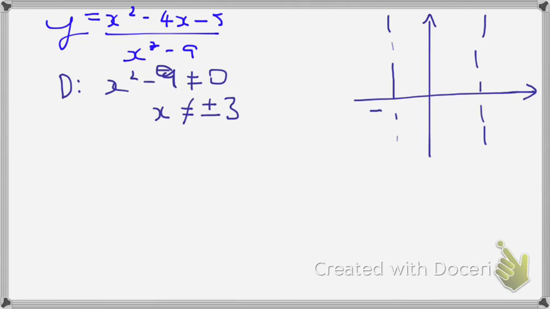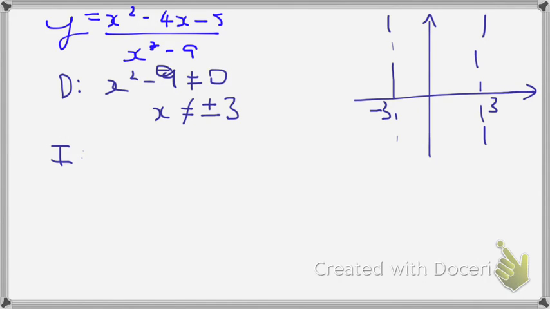Oh, isn't that nice? I've already done the A. At 3 and minus 3. Then I could talk about range if I wanted to, but for this one, it's not really easy to talk about range at this point. So let's skip that for the time being, and let's go to I for intercepts.